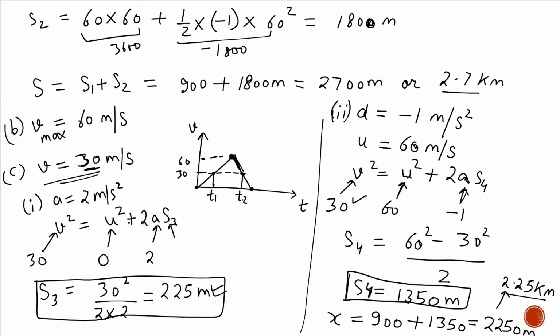So there would be two positions. The first position would be 225 meters from the initial point, and the second position would be 2.25 kilometers from the initial point. At these two positions the velocity of the train would be 30 meter per second. I hope you have understood all the three parts. Thank you.